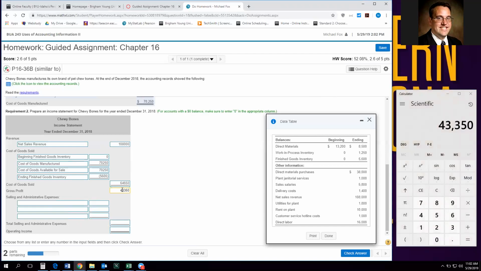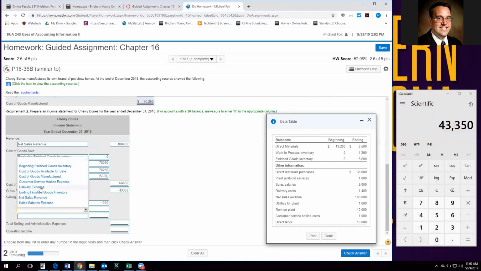Then we have our selling and administrative expenses. They're listed over here. We have our customer service hotline costs, that's 1,000. We have our delivery costs, 1,400. And our sales salaries, which were 5,800.